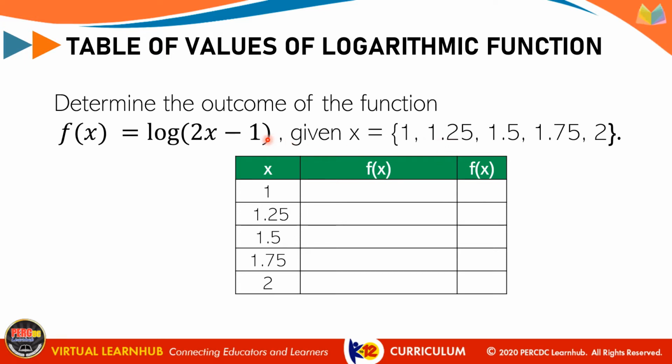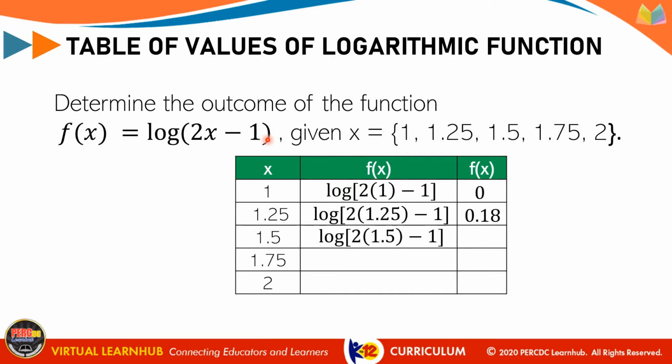Again, since we are given the x values, we will just substitute them to our function. For x equals 1, we will have log of 2 times 1 minus 1, and that is 0. For x equals 1.25, log of 2 times 1.25 minus 1 is approximately 0.18. For x equals 1.5, that is approximately 0.30.